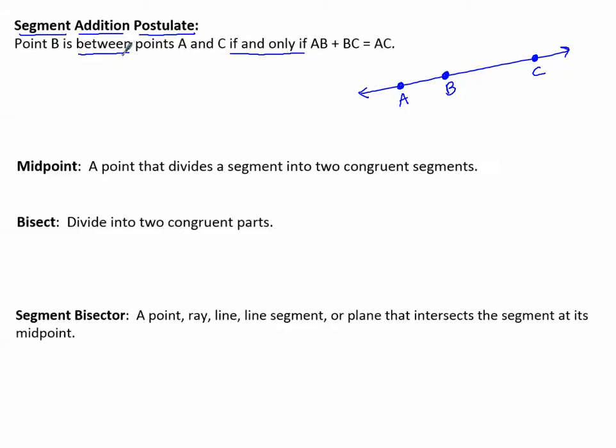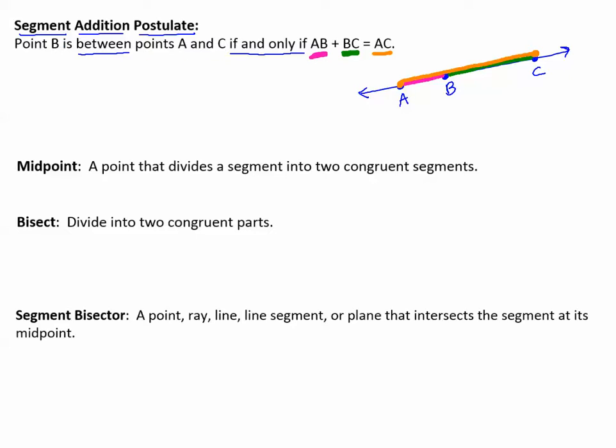What between means is that AB, this little segment right here, plus BC, this segment next to it, altogether must equal AC, all the way from here to here. And if it's true that AB plus BC equals AC, then point B is between points A and C.